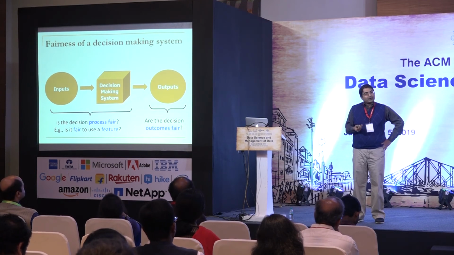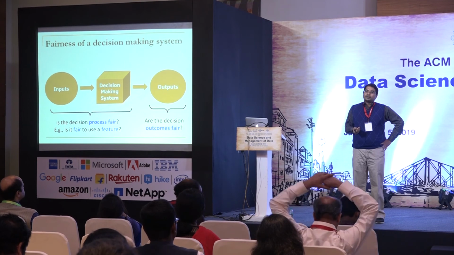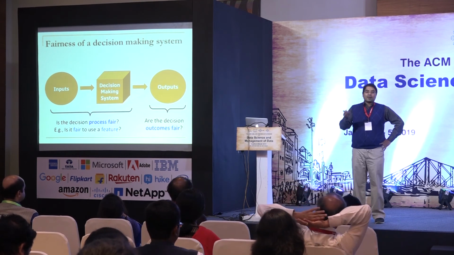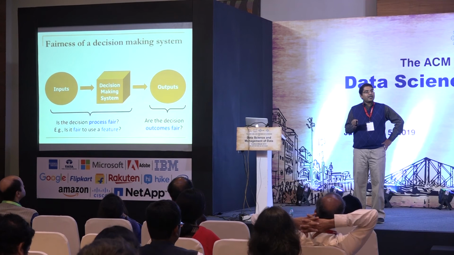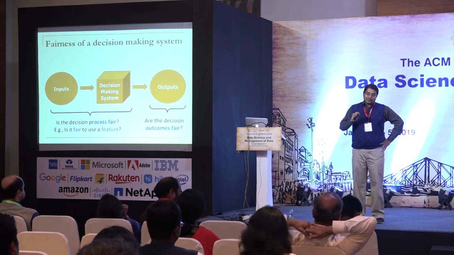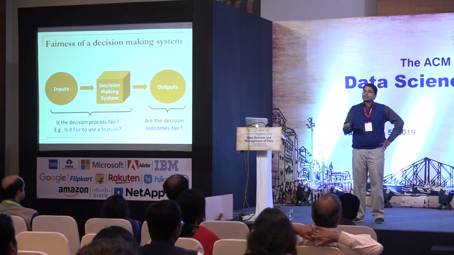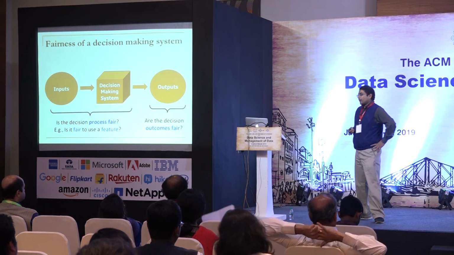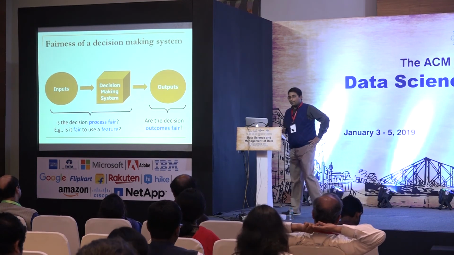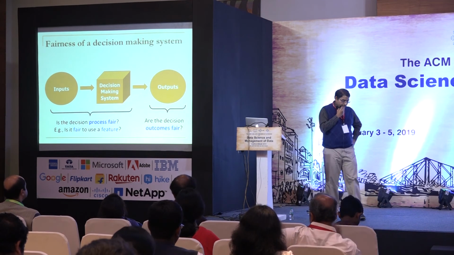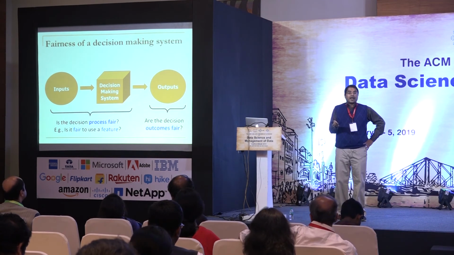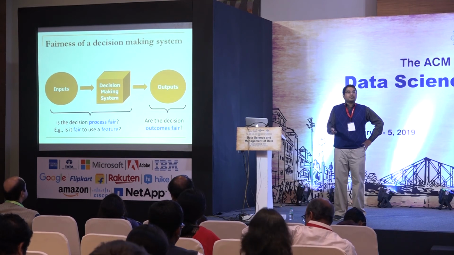Now, is it fair to use the feature? I don't know how you feel about it, but at least some of you might think that there is something iffy about using juvenile criminal history for predicting this. But this by itself is not captured by the anti-discrimination laws, because juvenile criminal history is not a sensitive feature.